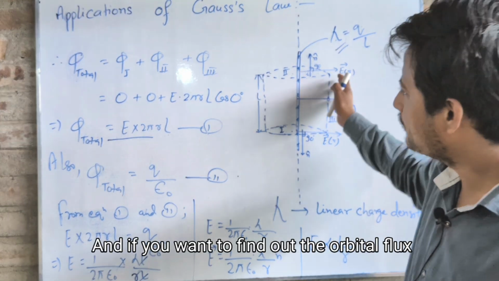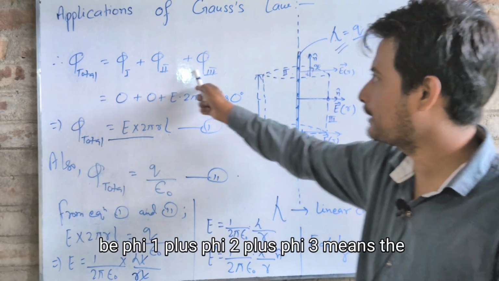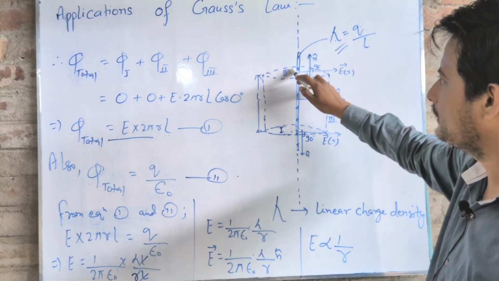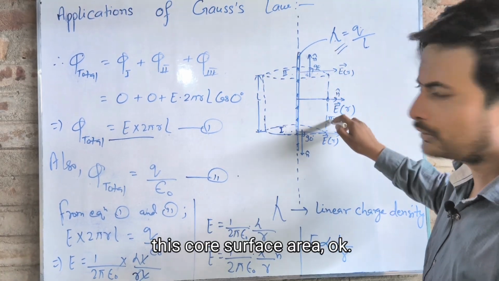If you want to find the total flux through this Gaussian surface, it will be phi 1 plus phi 2 plus phi 3, meaning the electric flux due to this surface area plus this surface area, plus the electric flux due to this curved surface area.